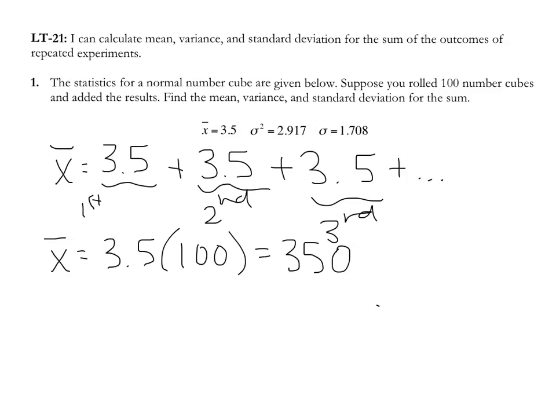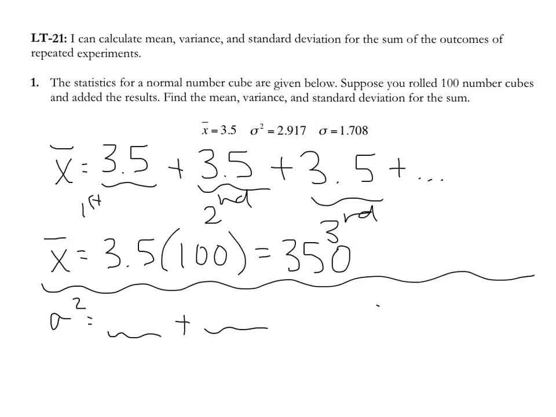Now the same sort of thing works with the variance. If you do an experiment twice, the variance for the sum of the results of those two experiments will just be the two individual variances added up. So if we rolled two number cubes, the variance for the sum would just be 2.917 plus 2.917.